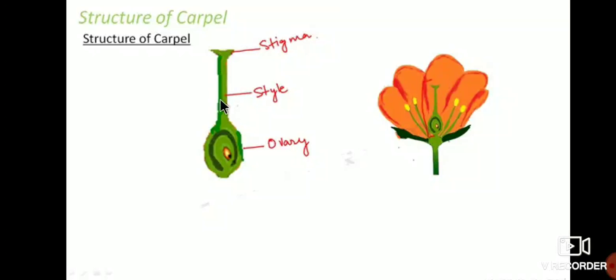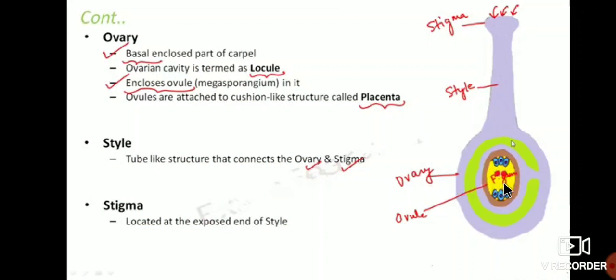First is the stigma, second is the style, third is the ovary, and this female reproductive part is also a tube-like structure. Through the stigma, pollen grains enter and reach the ovary. There the ovum or egg is present. How the fertilization takes place in this ovum or egg we are going to study in the next class.